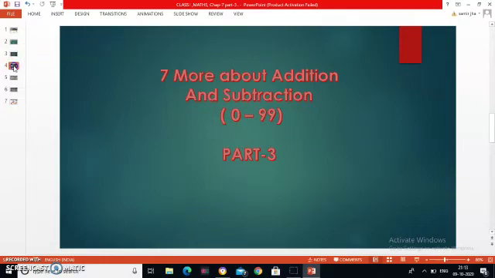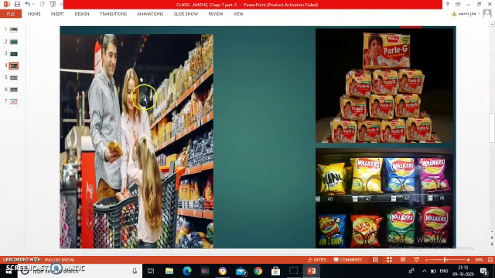So let's start. Now look here, students, what these people are doing. They are buying something from the supermarket. You all go with your parents to DMart and Big Bazaar to buy something. When you come back, you share with your friends whatever you bought from the market.